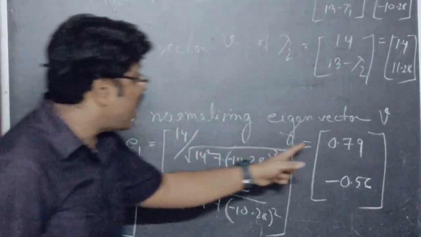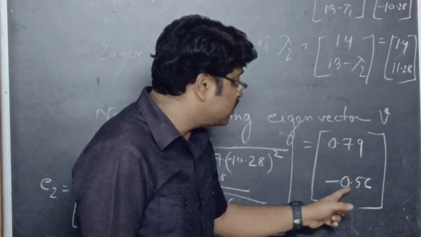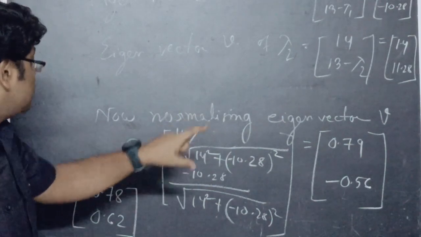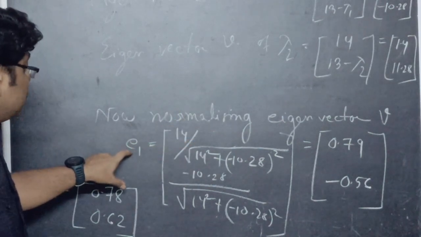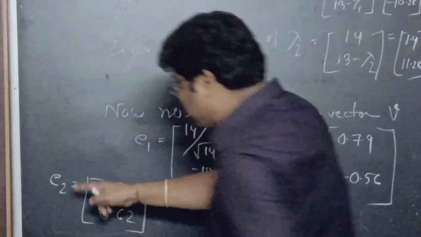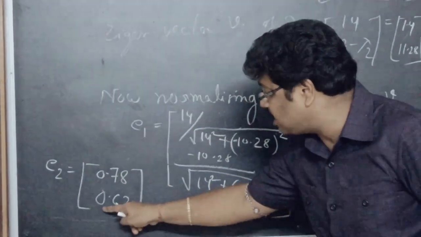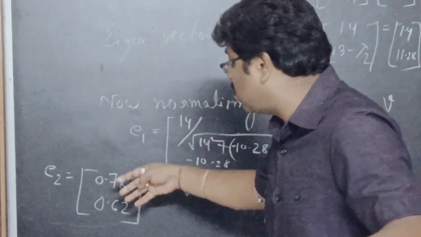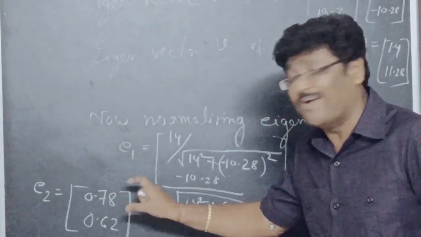After calculation, we have 0.79 and minus 0.56. This is the normalized eigenvector for E1, and in the same way we have E2, the value is 0.78 and 0.62. These calculations I have done already, so I have just put the values here.